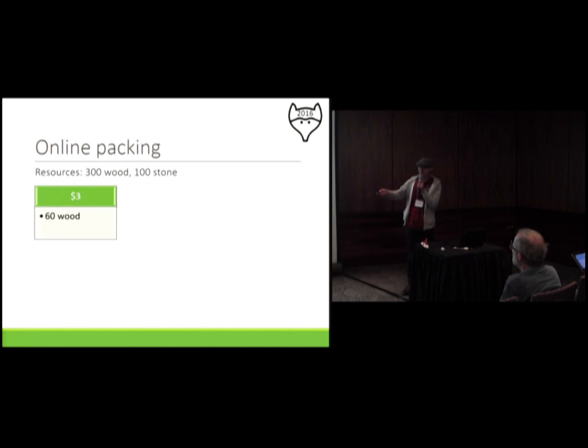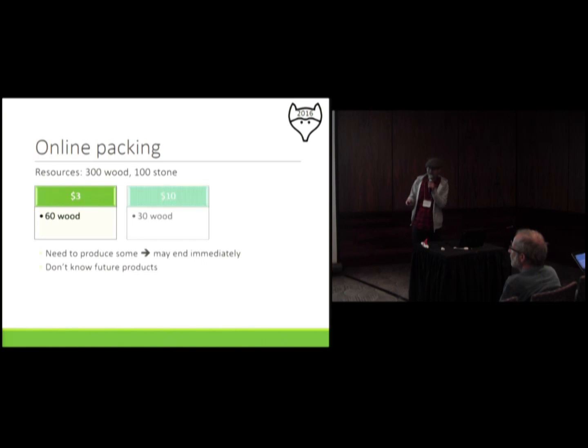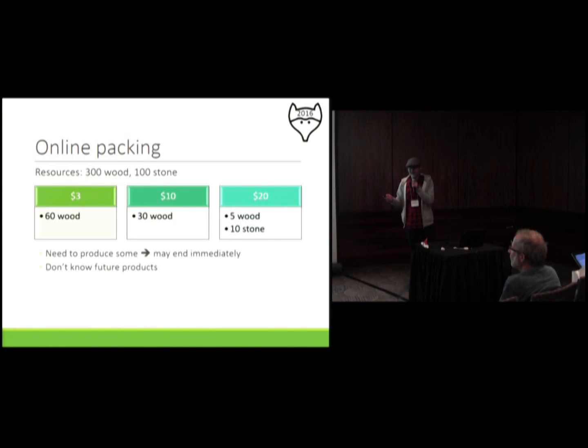For example, when the first product comes, it requires 60 wood and you can earn $3. Then you need to produce some of them because the program may end immediately. But however, you don't know future products either. For example, in this case, if you save some resource for the future products, you may earn more money.